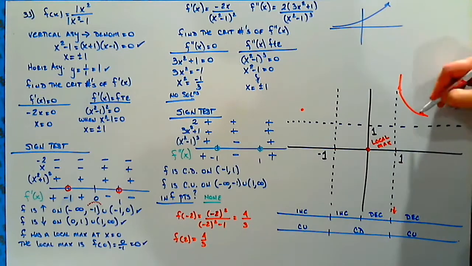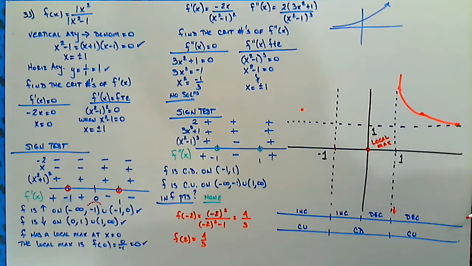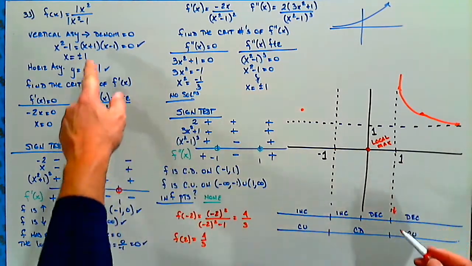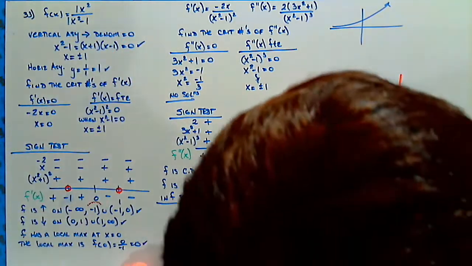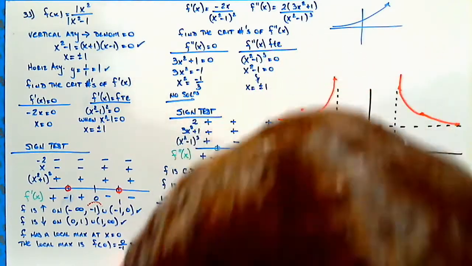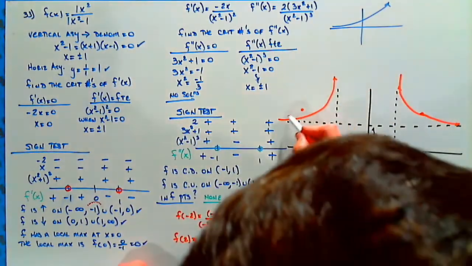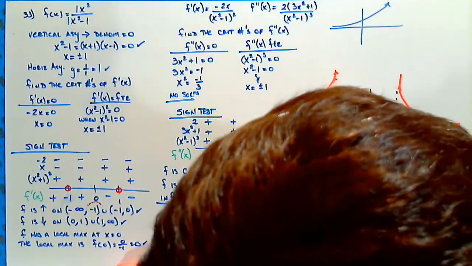Now, this function has to be concave up the entire way. Over here, by exactly the same argument, and because the function itself is even, which means we have symmetry across the y-axis, our graph goes like this. I guess it's technically supposed to go through my dot, isn't it? So we'll make it look like this.